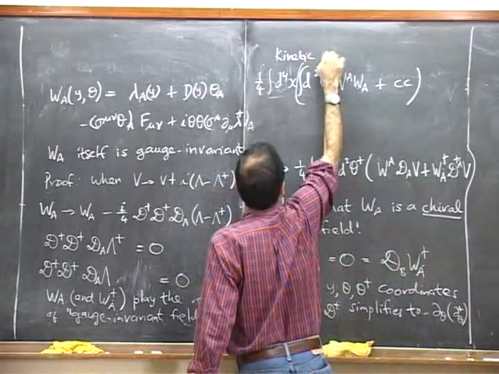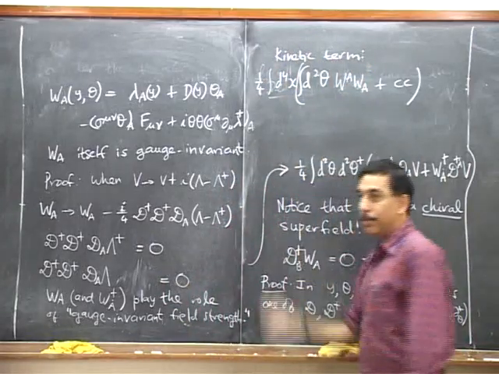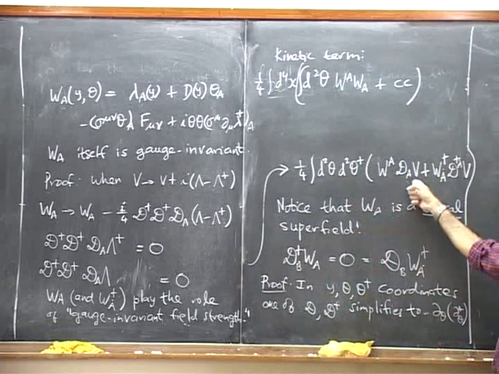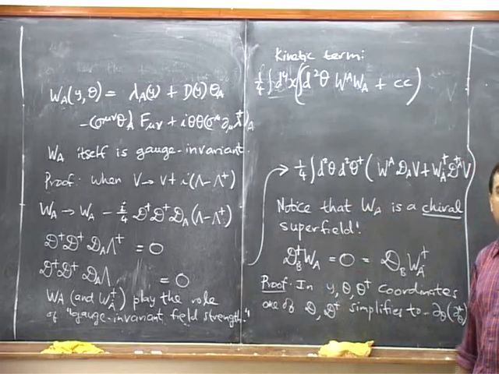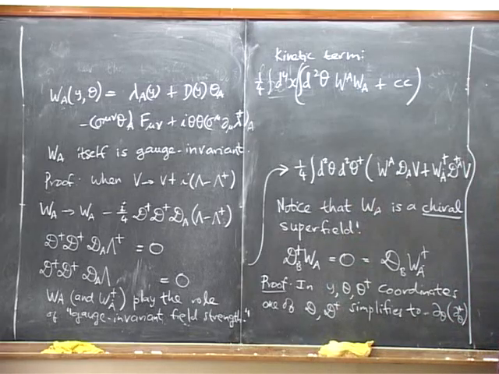So this is an identity. I am saying that this written entirely in terms of W is the same as this written in terms of W and V, which is the same as the thing written entirely in terms of V. These are all different ways of writing it.